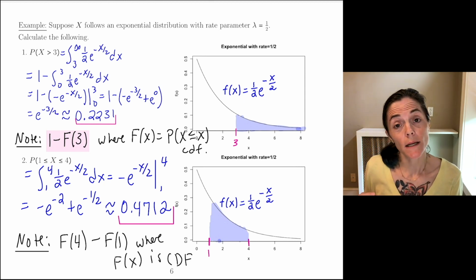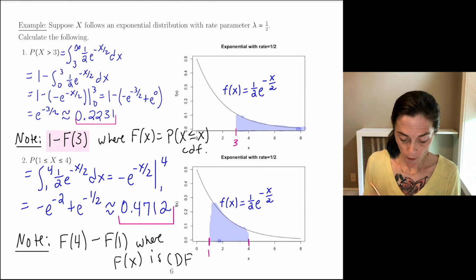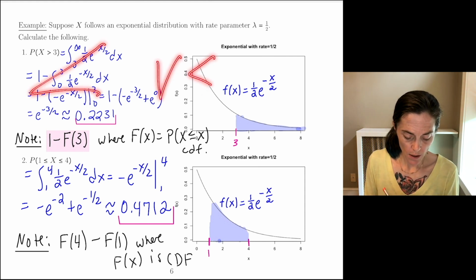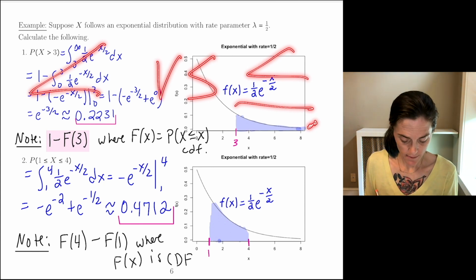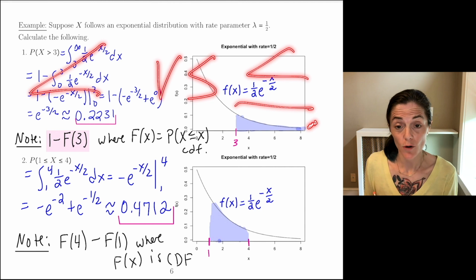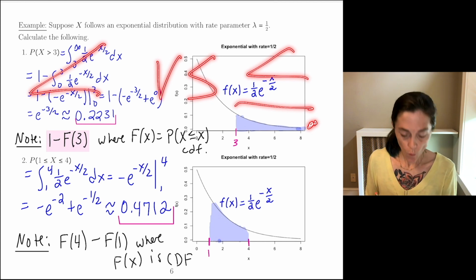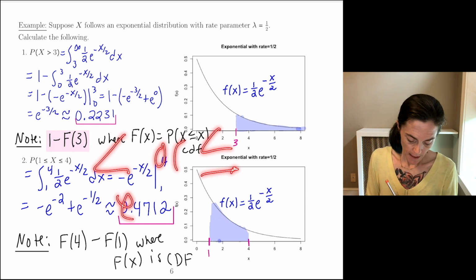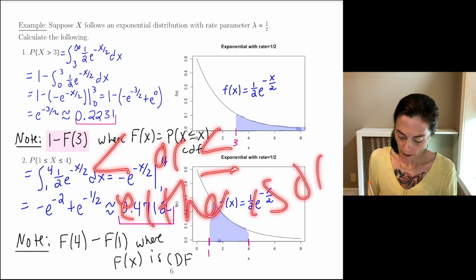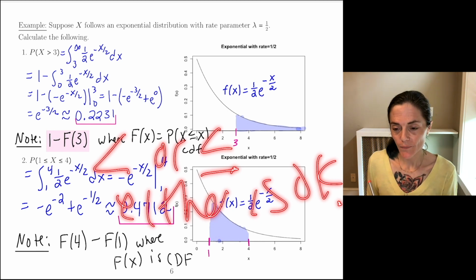It's very important to understand why this works for the continuous distribution. So in a continuous distribution, there is no difference between less than and less than or equal to, because probabilities are areas. And so whether you put a less than or less than or equal to, either is okay for a continuous random variable.